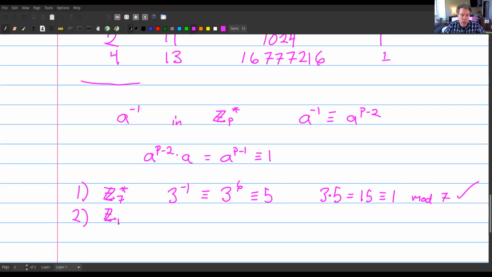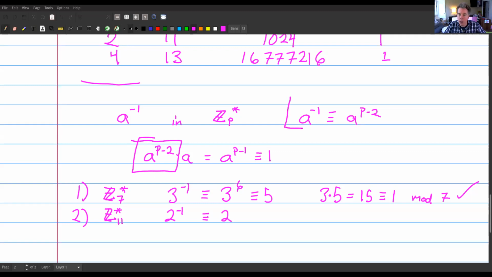Let's do one more. If you're working in the multiplicative group mod 11 and you want to know the inverse of 2, this should be the same thing as 2 to what power? Would it be 2 to the 10th? Yeah, so the rule is, I should have written the rule.